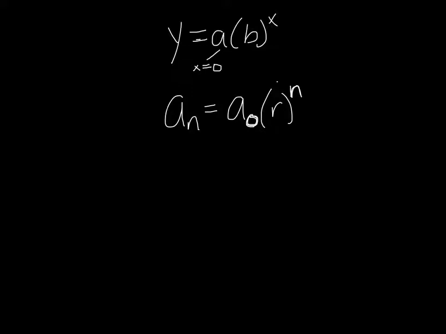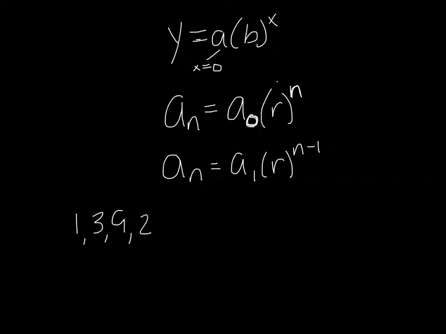This would be really nice if we could use this formula, but what typically happens is we use a sub n equals a sub 1 times r to the n minus 1. What they're saying is, since I normally have a list like this, and this number right here is a sub 1, it's kind of weird to be using something where we have a sub 0.